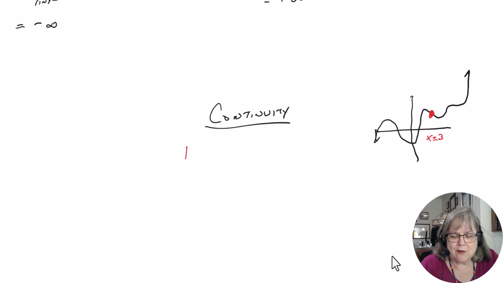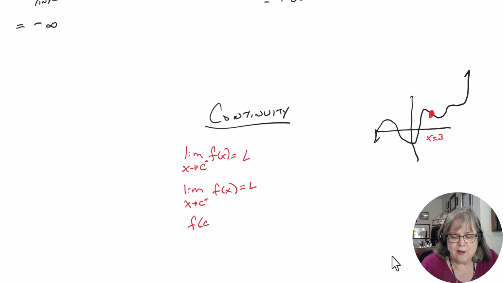Okay? So the limit as x approaches whatever number that you're talking about has to equal some specific number, okay? And as you come in from the left, and as you come in from the right, that has to be the same number, not any L, has to be the same number.